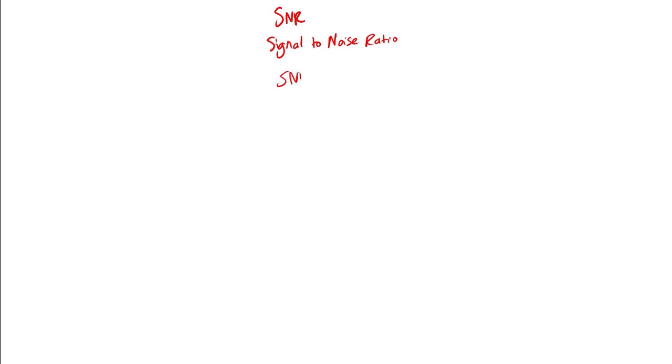So our S and R is negative 20 log V noise over V signal. And we want this to be as low as possible. Because if there's a lot of noise and very poor signal, then we're not going to hear anything.